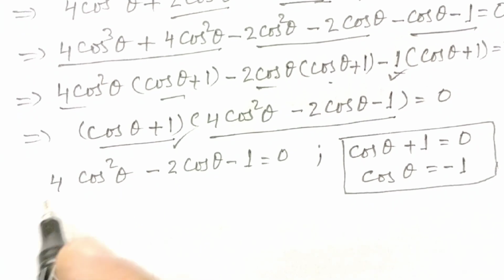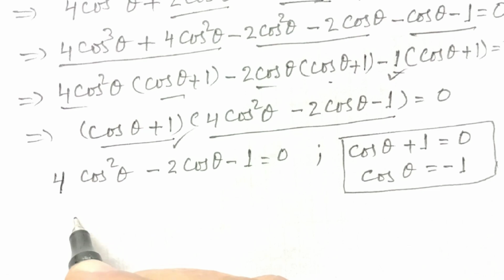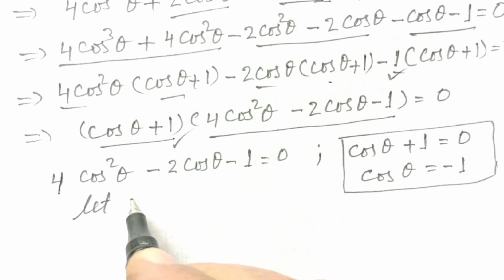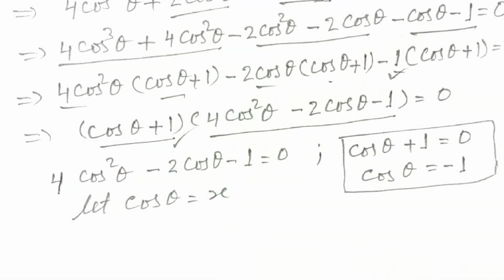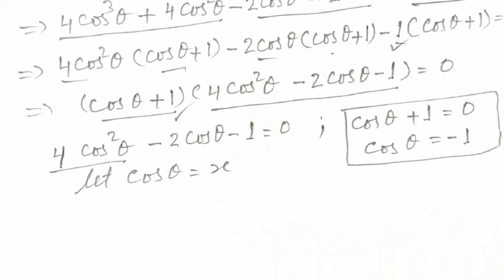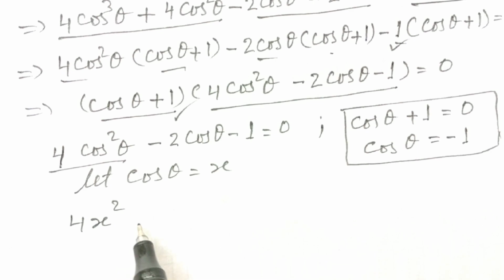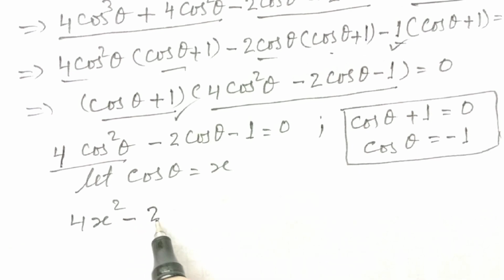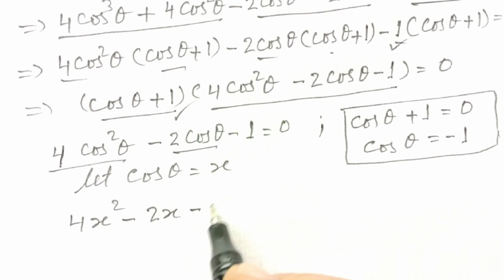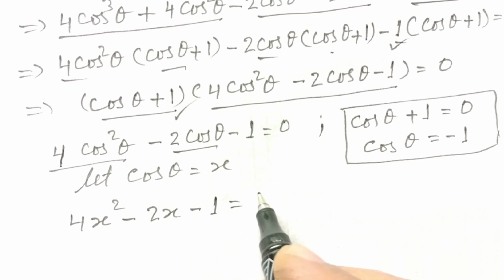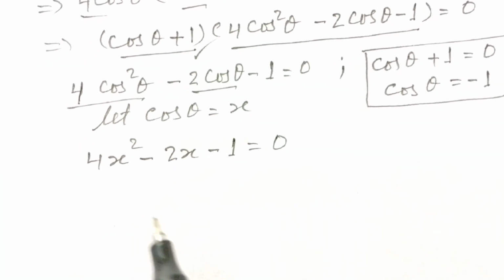If we go with this, let cos theta be equal to x. Right. So 4x square minus 2x minus 1 is equal to 0. Right. Quadratic form of equation.